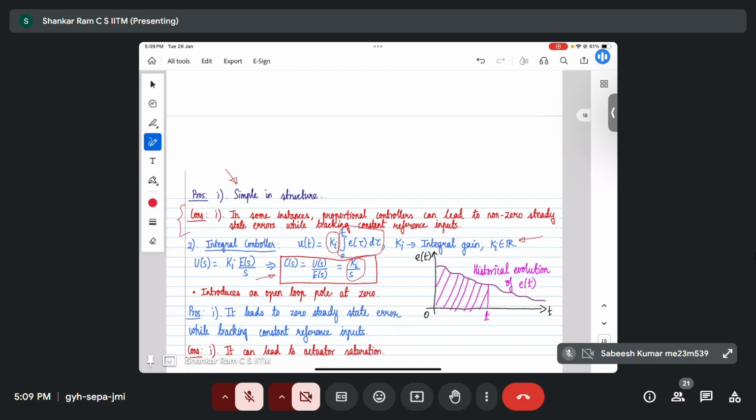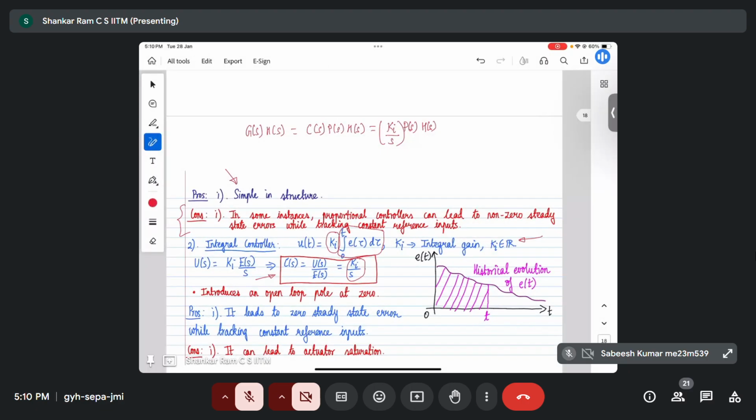Okay, so we can immediately observe that we are no longer having a constant term, like in proportional control, but we have the s term coming into the picture in the controller transfer function. And since we know that the open loop transfer function is C(s) times P(s) times H(s), whatever be P(s) and H(s), right, due to this.